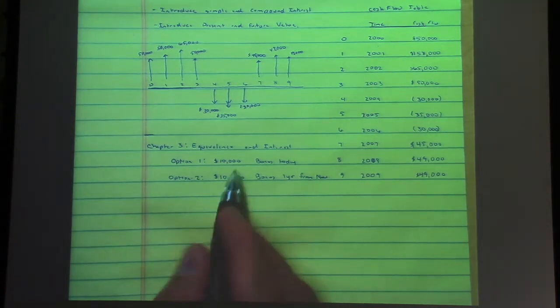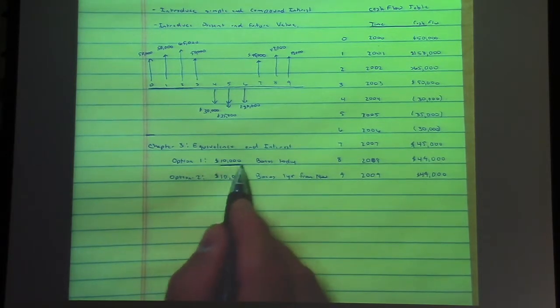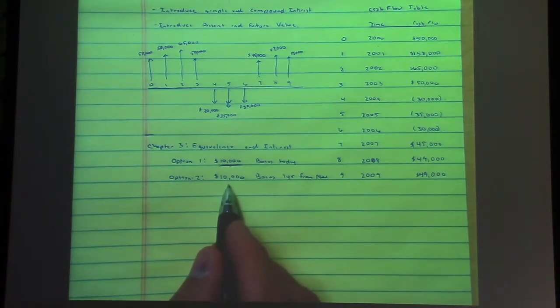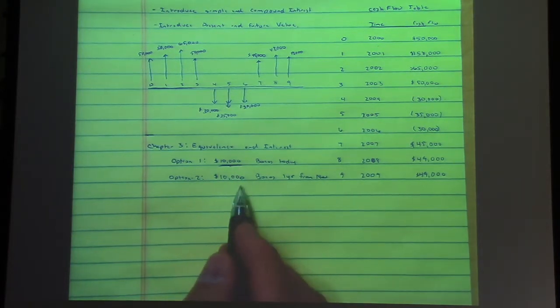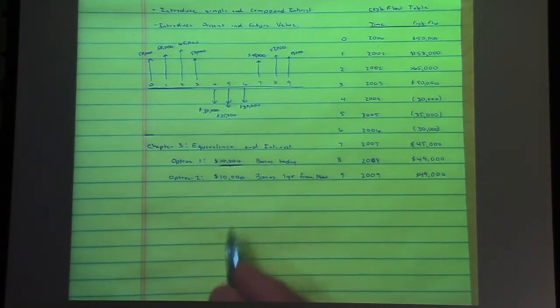Okay? This means that we expect the $10,000 we receive today to have some value to it today that it won't have a year from now, or that the $10,000 a year from now will not have. And this is the idea of interest.